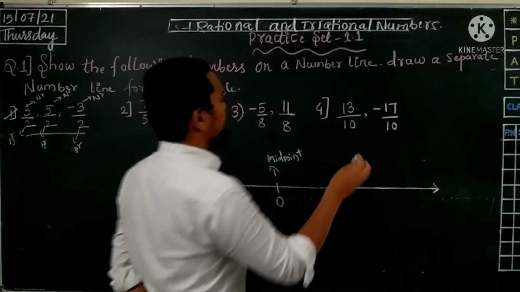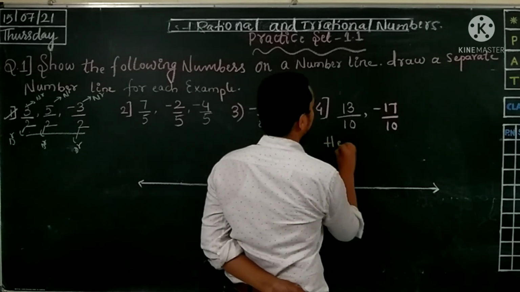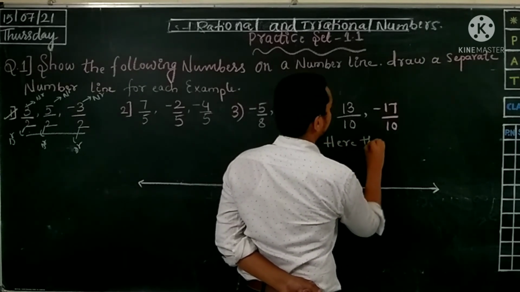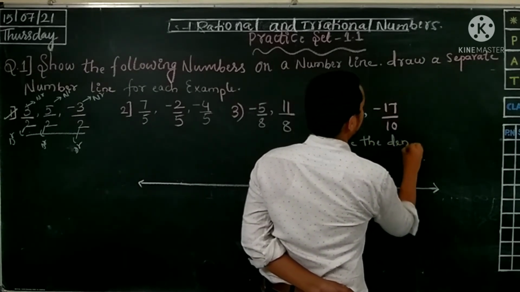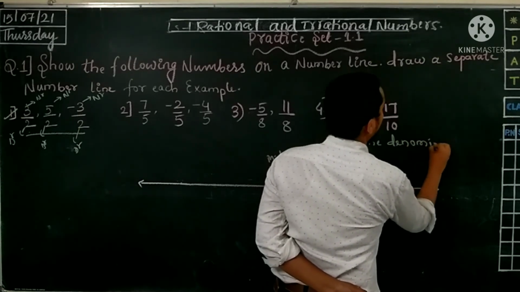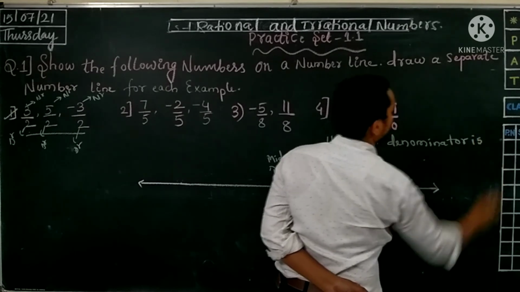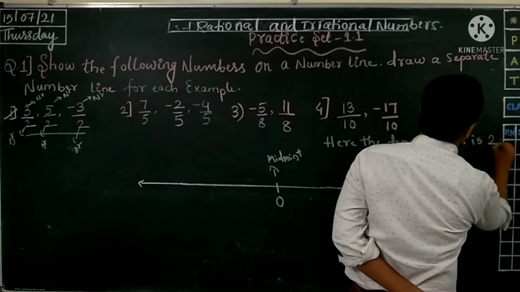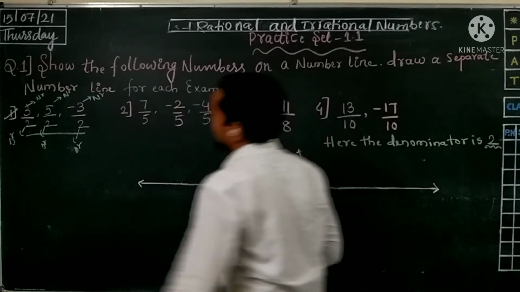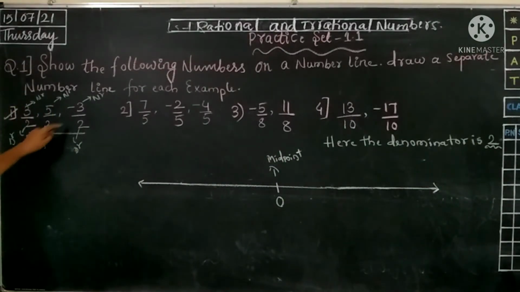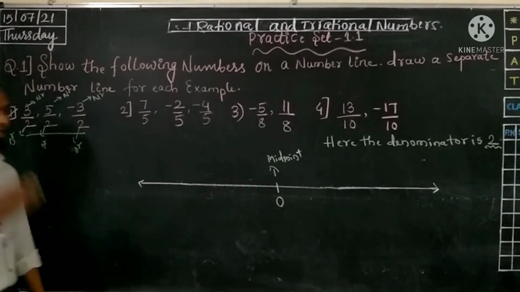Now we will write here the denominator. How much is the denominator? The denominator is 2.